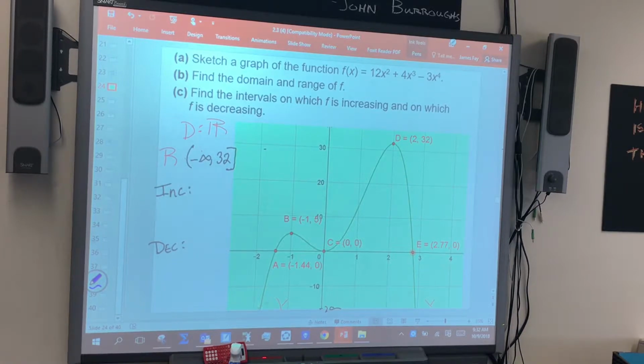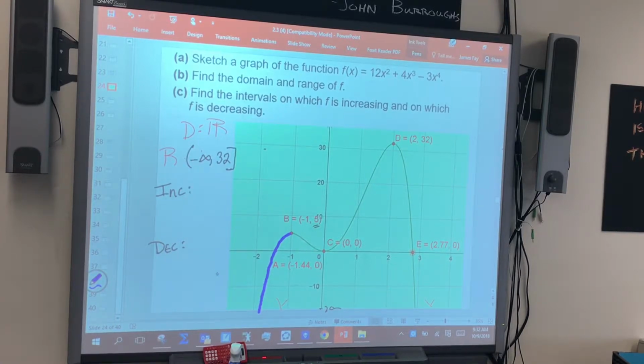If I start left to right and I just put myself on the graph and I start moving along that graph, and when I highlight these y values, what are those y values doing? They're increasing, right? Getting bigger and bigger, okay? Until I get to that red dot, right? Because after that red dot, what happens? Yeah, you start going down, right? After that red dot, your y values are smaller than that 5, okay?